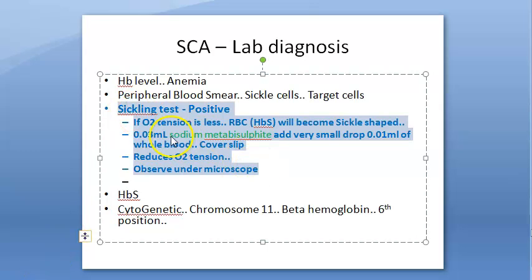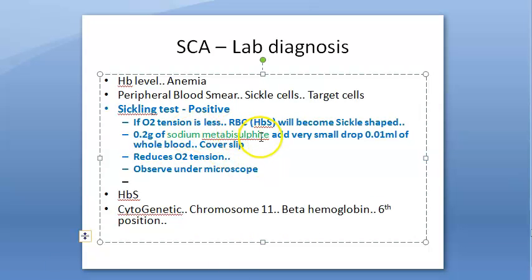Now, how exactly is the sickling test done? If oxygen tension is less, the RBC will become sickle shaped. This biconcave disc shaped RBC will become sickle shaped if it has hemoglobin S. How will you do it? You take sodium metabisulfite, add a very small drop of whole blood, cover it with a cover slip and observe it under the microscope.